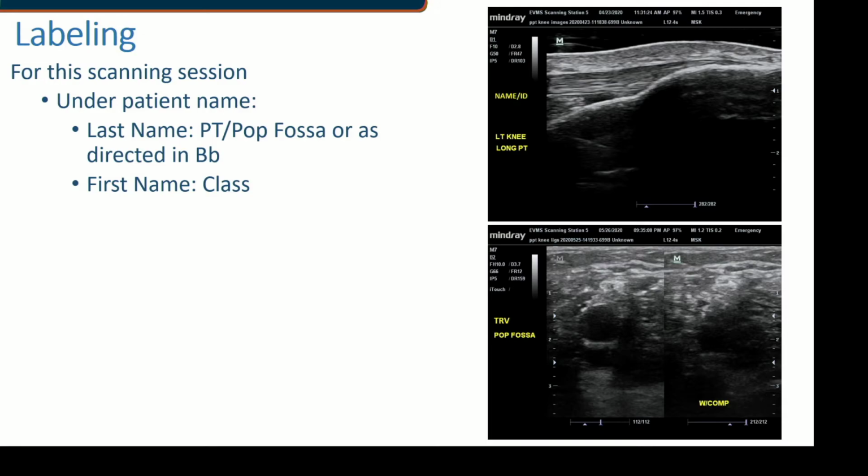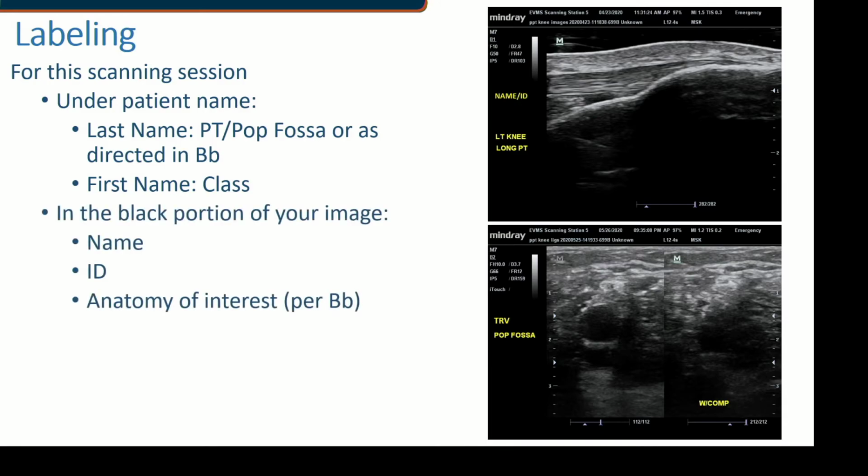And on your first name, please put your class name. In the black portion of the image, that's where your name and ID go, because remember, we have no anonymous images. We want you to have your name on there, and those are medical legal reasons why you want to be in that habit. It's a good idea also to be in the habit of labeling the anatomy of interest. In this case, this is a left knee long patellar tendon.